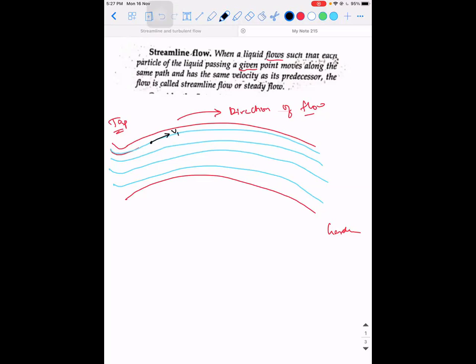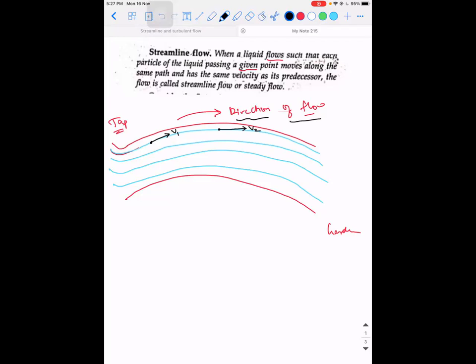If the velocity of the particle here is v1, when it reaches point 2, it will be v2. Guys, you're able to understand? So at every point, if you draw a tangent to that particular layer, then that tangent, with the proper direction of flow, will give you the direction of velocity of that liquid particle.